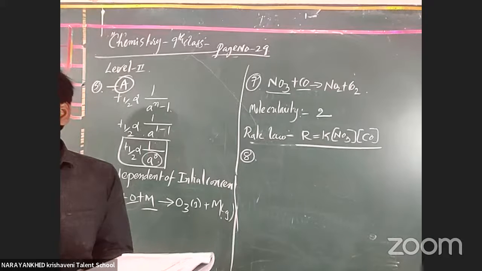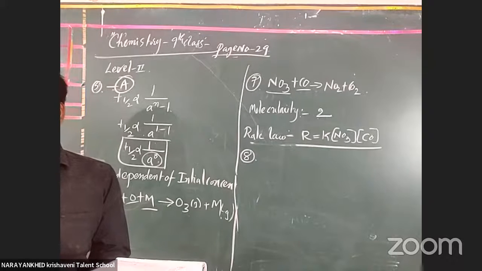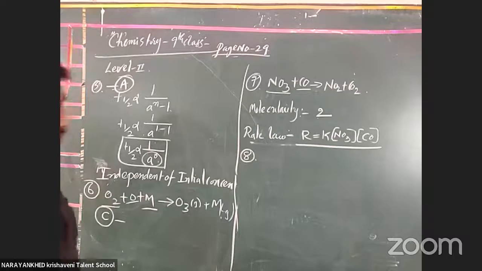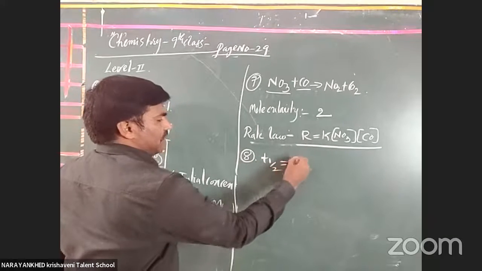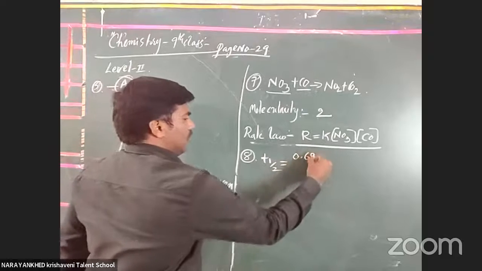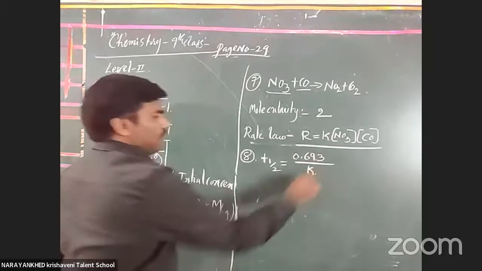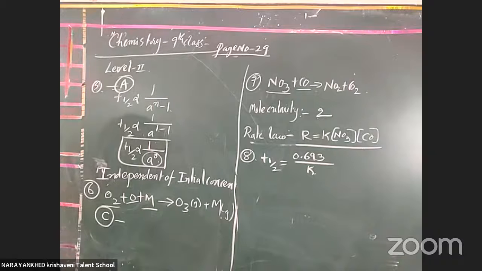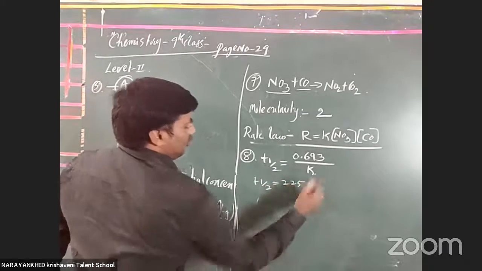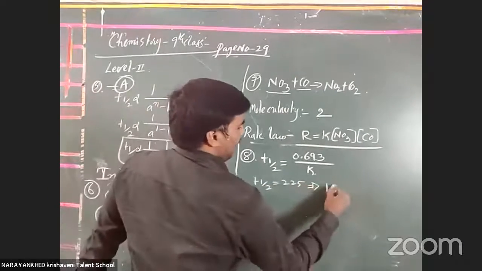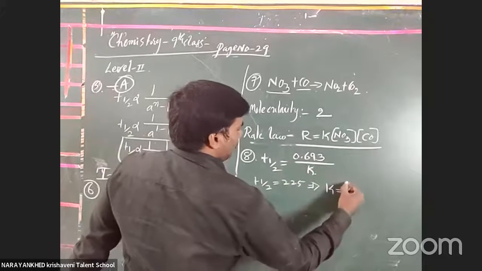You know very well the formula for t half of a first order reaction: t half is equal to 0.693 by k. Got it or not? 0.693 by k. Here t half is equal to 225, which implies k is equal to what, from this formula?